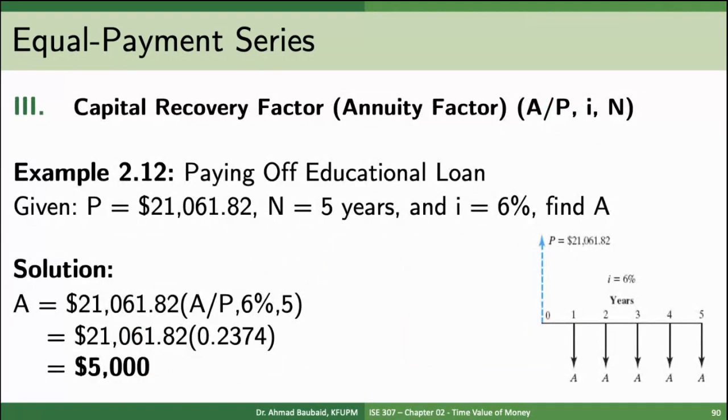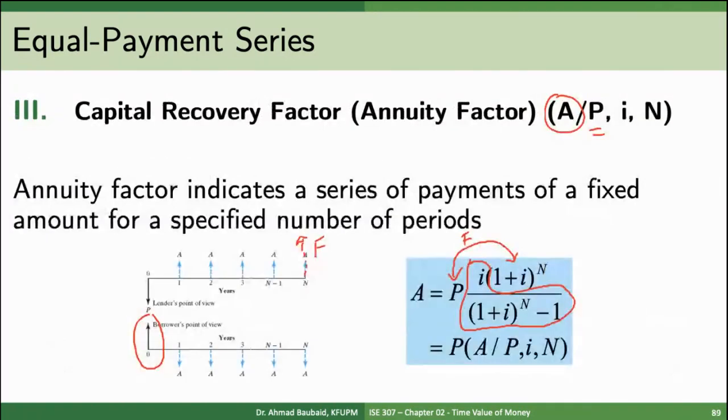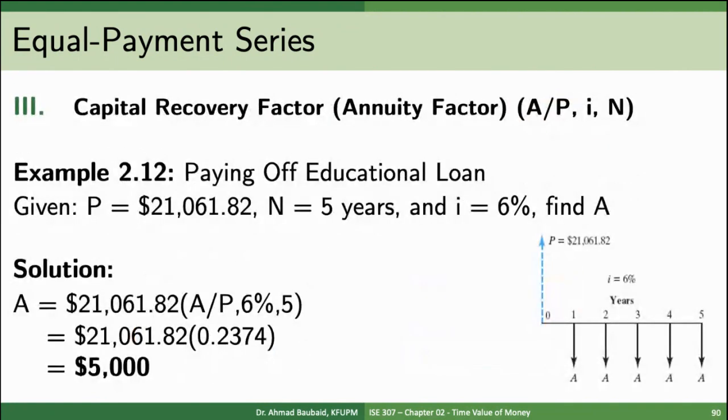Okay, so here's another example. No, actually, this is the same example. We just started the thing. So here's a sequence of payments, A's for 5 years, and we want to find the present worth. Again, this is straightforward. You just plug in the formula.